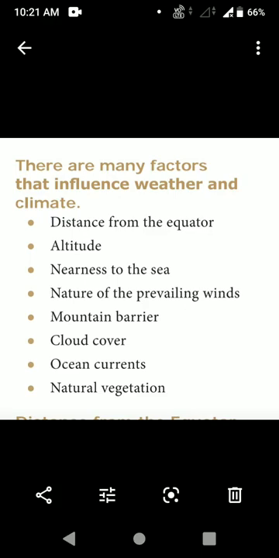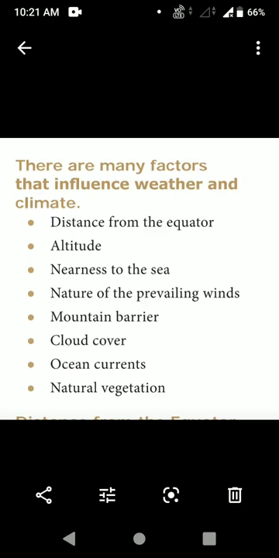Okay. The rays are inclined on the regions away from the equator and near the poles. So near the poles and away from the equator, the sun's rays fall in a slanting position. Why do they fall in a slanting position, do you know, students? That is due to the spherical shape of the earth. The earth is spherical in shape.